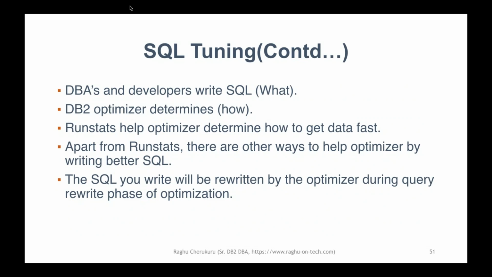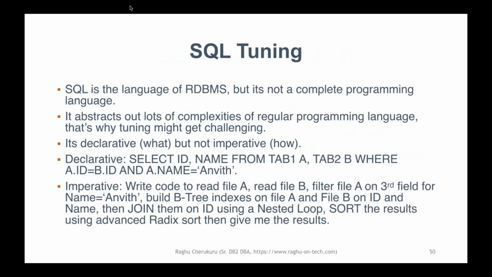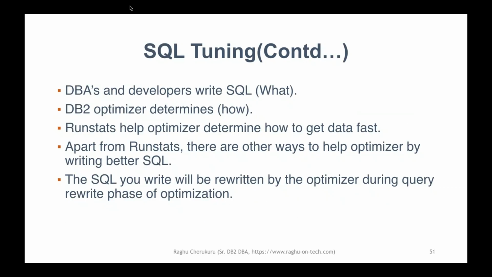That's the imperative part, where it handles all the data structures and the algorithms and how to get the data, whether it needs to use a nested loop join or a hash join, or an index scan, or a list prefetch or whatnot.